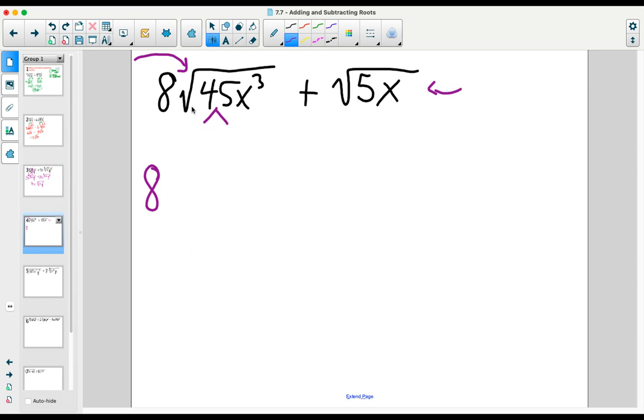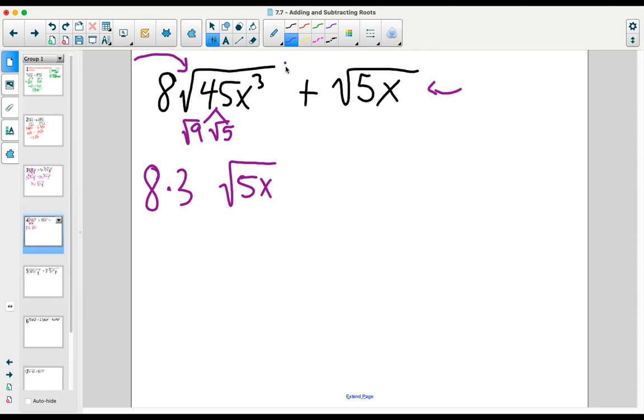And because we're taking the square root, I'm going to look for perfect squares that go into 45. So I split it as 9 and 5. Taking the square root of that 9 leaves me with a 3 on the outside, and that 5 I'm going to need in there. But in order to get these to match, I'm going to need to leave an x in there as well.